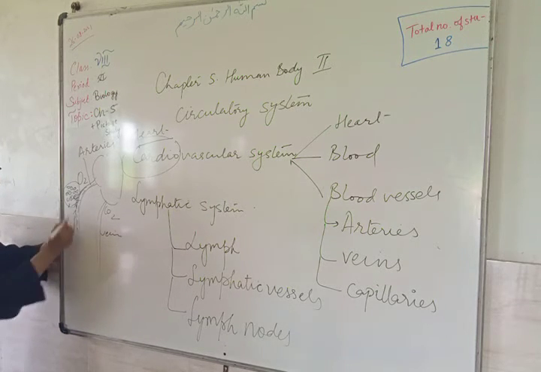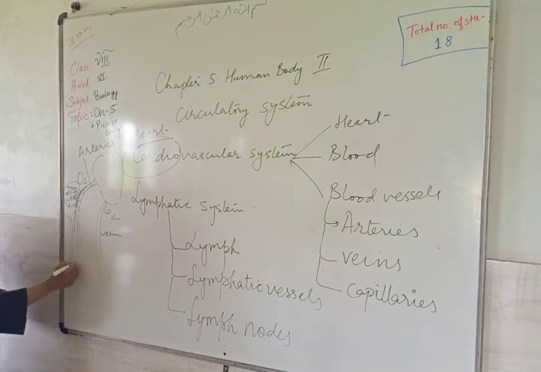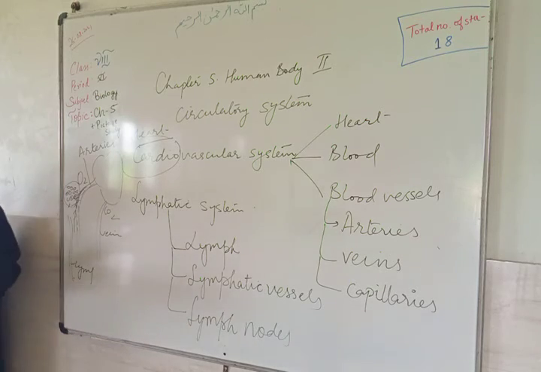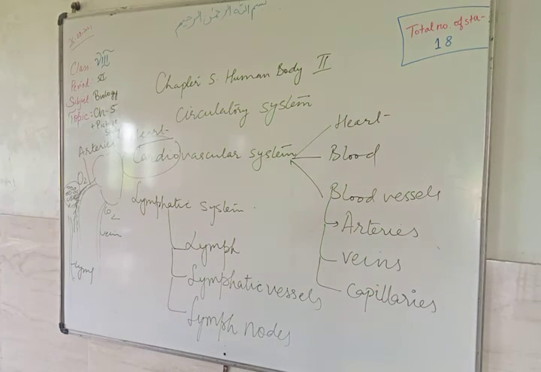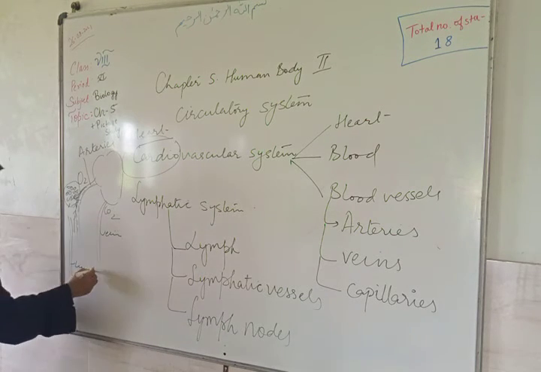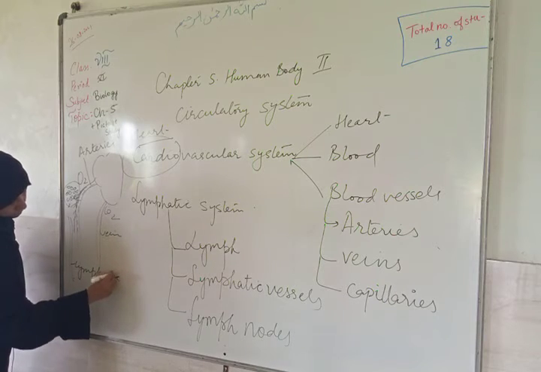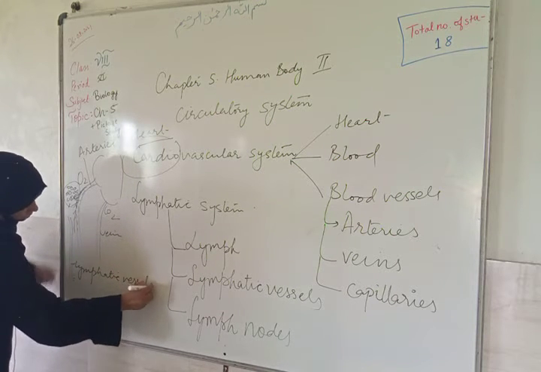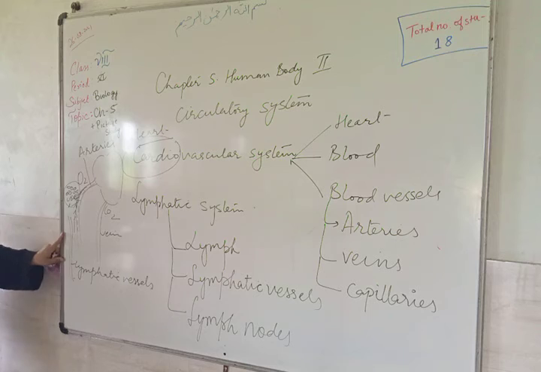Another set of vessels are present among the cells. They are called lymphatic vessels. They absorb the used-up, deoxygenated lymph.